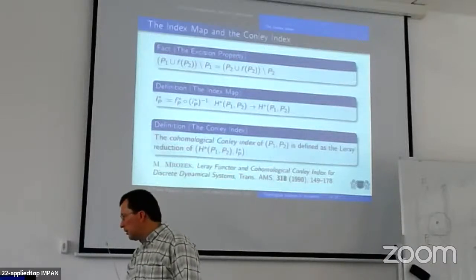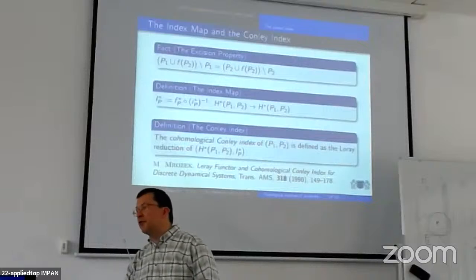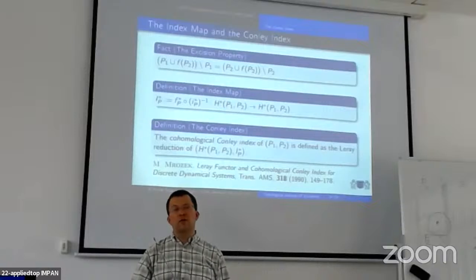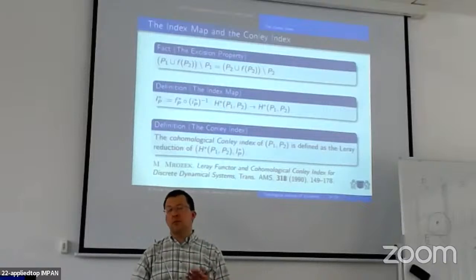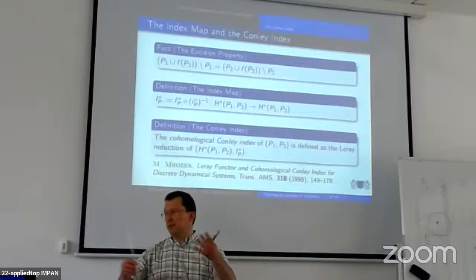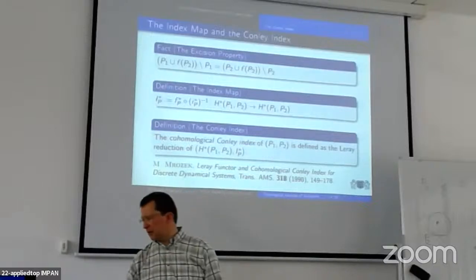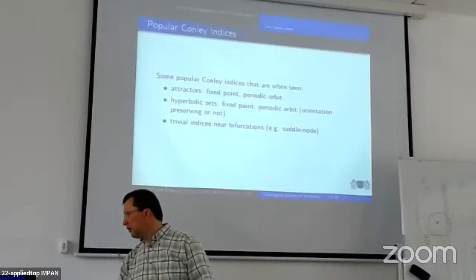What is important here is the technical difficulty that in addition to computing the relative homology of a pair of sets, we also need to compute the map induced by some continuous map on homology. A typical approach to this problem, in the textbooks of algebraic topology, is to go through simplicial complexes, some barycentric subdivisions and things like that. It's so painful computationally that we don't do this.